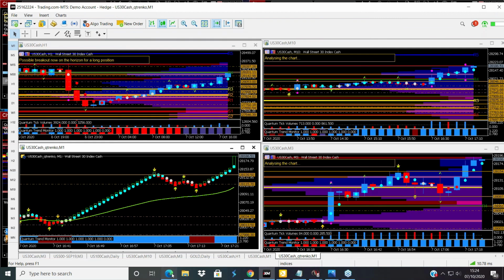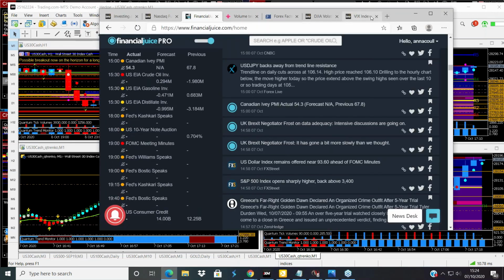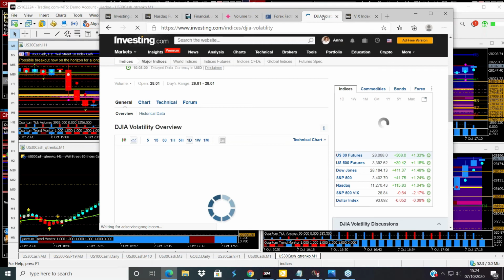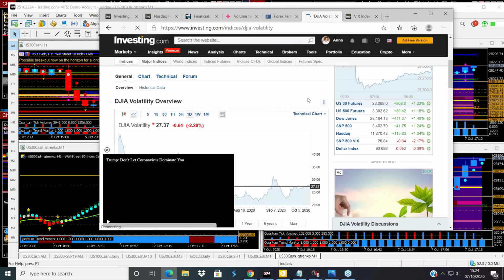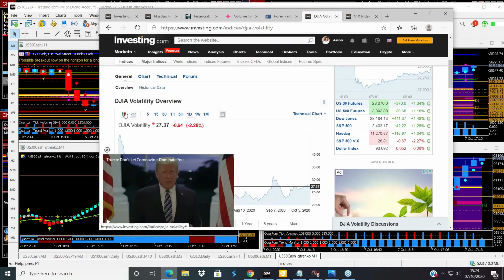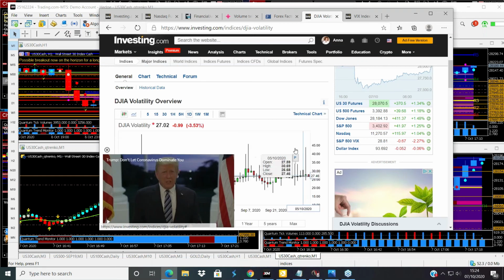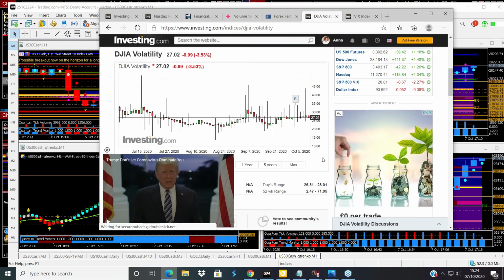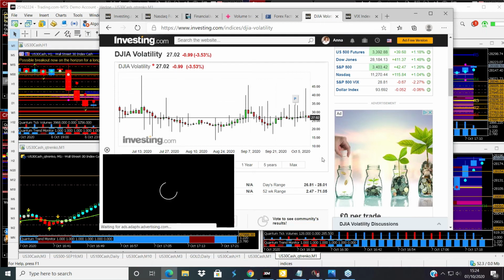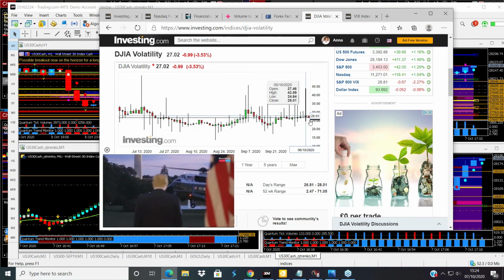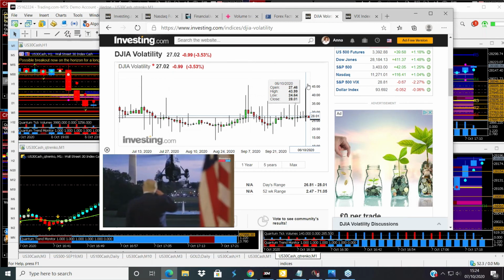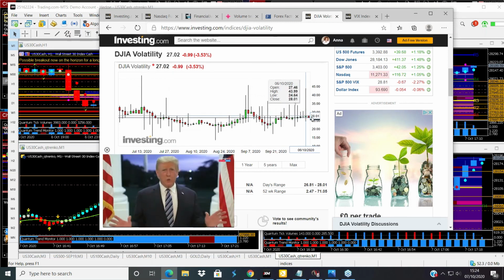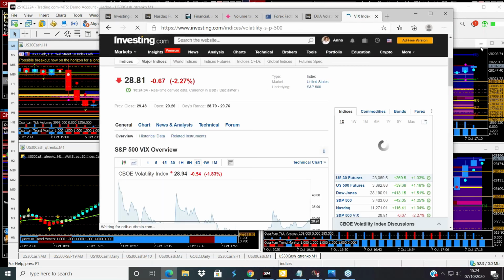What I've also done here is the Dow, the YM. The Dow has its own volatility index that you can watch as well. It's not quite as attractive to look at as the VIX, the S&P one. So this was the spike higher, obviously, yesterday, and we're back down to the 28. But if you want to follow volatility, excuse me.